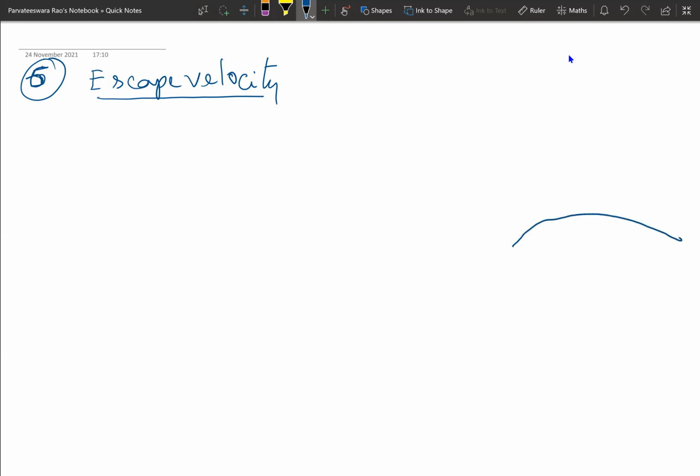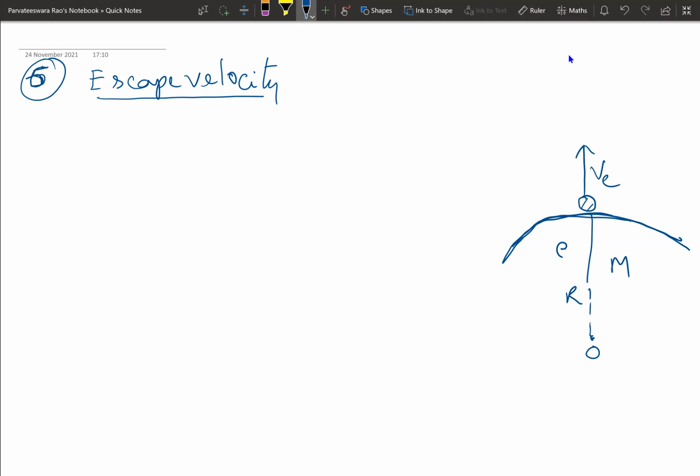So this is the Earth's surface. Good evening, sir. Good evening, ma'am. So it is Earth of mass M, radius R, density rho. A body should be given enough velocity so that it never returns back to Earth.